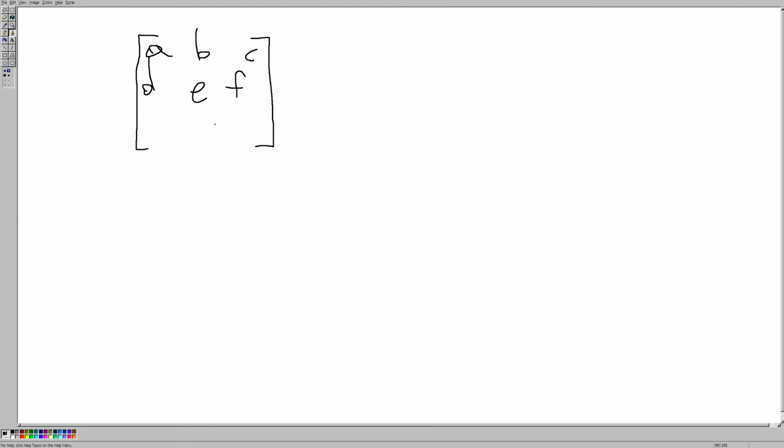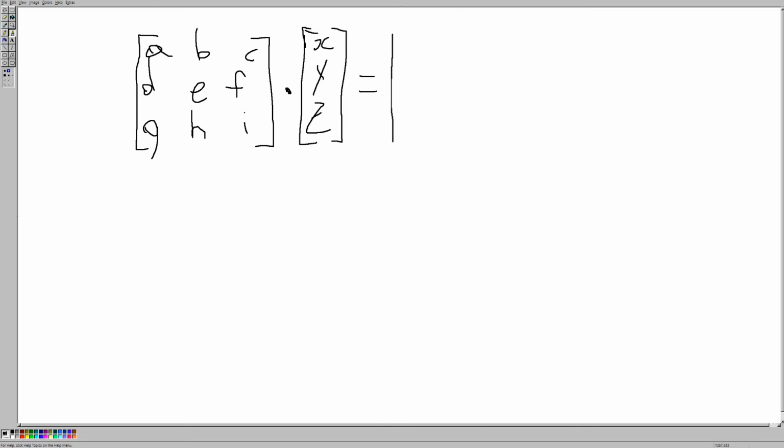We have A, B, C, D, E, F, G, H, I, right? And essentially we multiply this matrix product by x, y, and z. These are our three variables since it's a system of three equations. And this is equal to, well, whatever is over here.